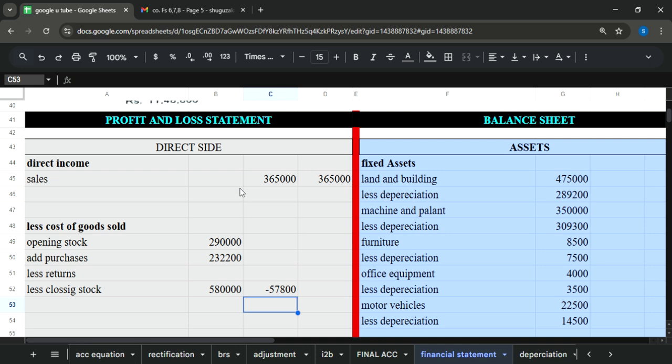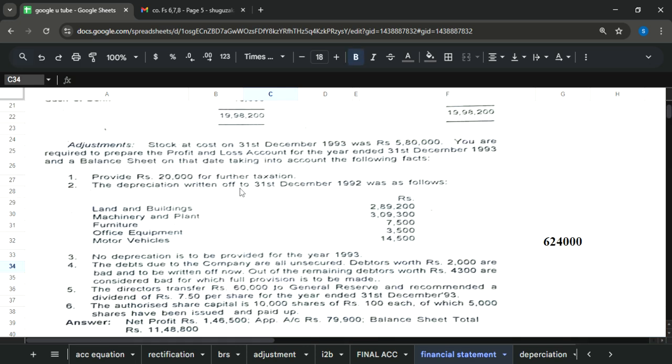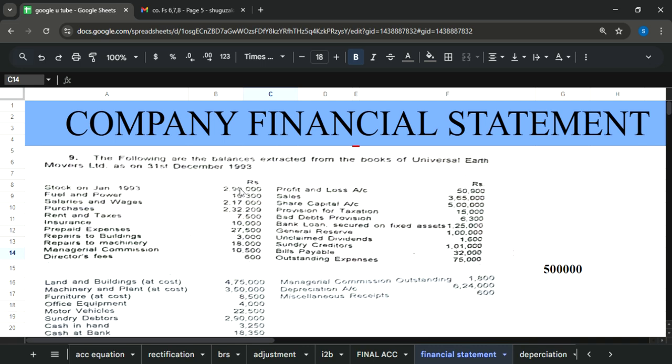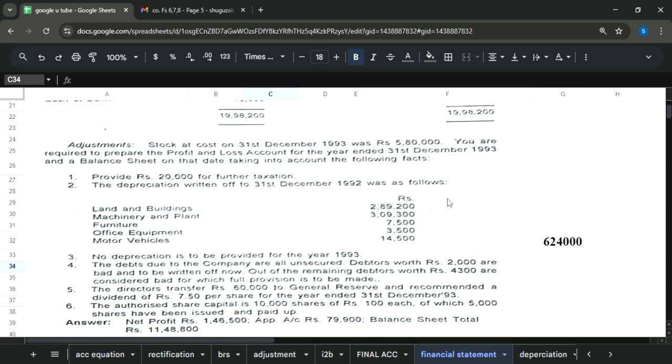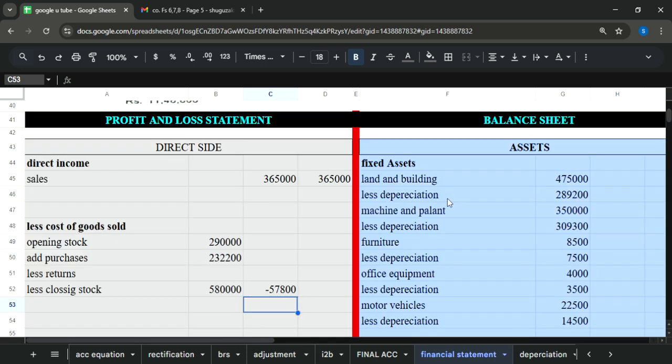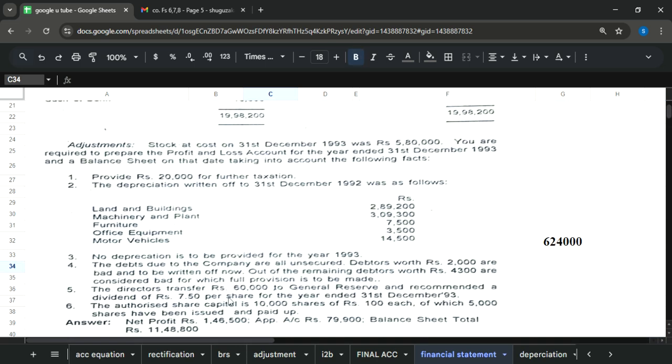That's very strange. We are getting a minus answer. Okay, the amount of sale, once again we can check, 365,000. Everything is okay. So why is it a minus sign? And we even have net profit of 160,000.